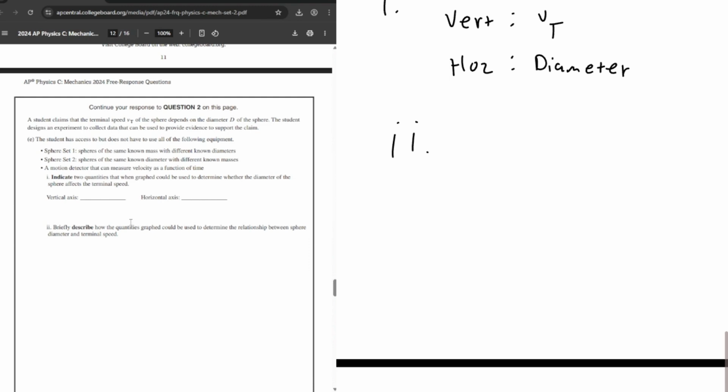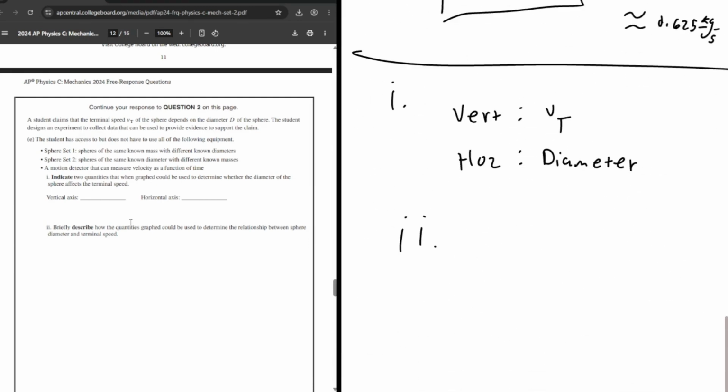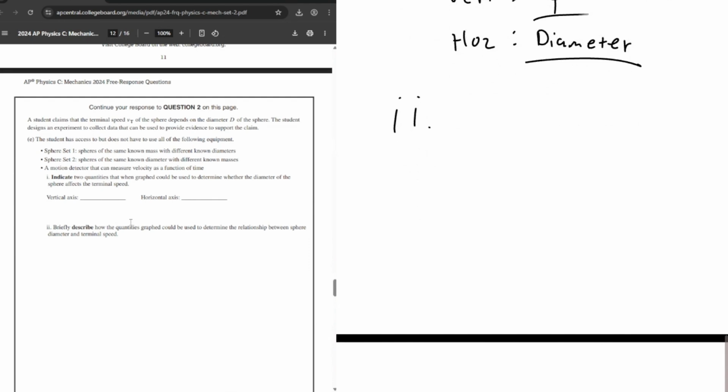If you have one variable, you can state that if this changes, this stays constant. But if you have diameter and mass varying, you don't know which one is causing the change, so it would just be diameter. The student wants to figure out whether the speed depends on the diameter. So I would put these two.